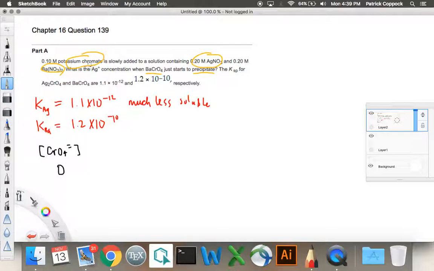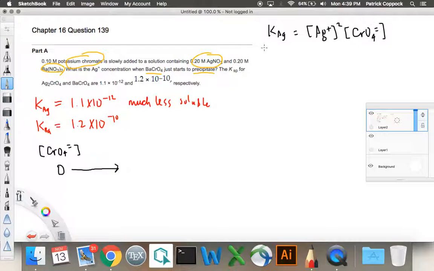Because I'm putting potassium chromate in, but in the beginning, all I've got is silver and barium, and of course the nitrates. All right, so as I'm adding this in, what's happening? Well, the Ksp of silver chromate is equal to the concentration of silver, oops, that's just silver 1+, squared times the concentration of chromate, right?